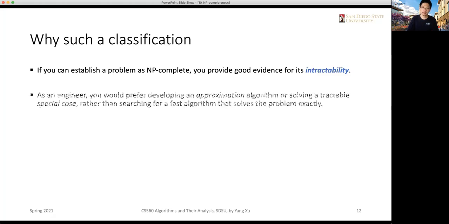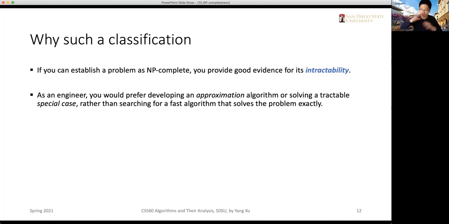Okay, right? As engineers, we would prefer to approximate the algorithm or solve some tractable special cases rather than searching for a very fast algorithm that can solve the problem exactly or completely. So that is a more practical consideration, right?